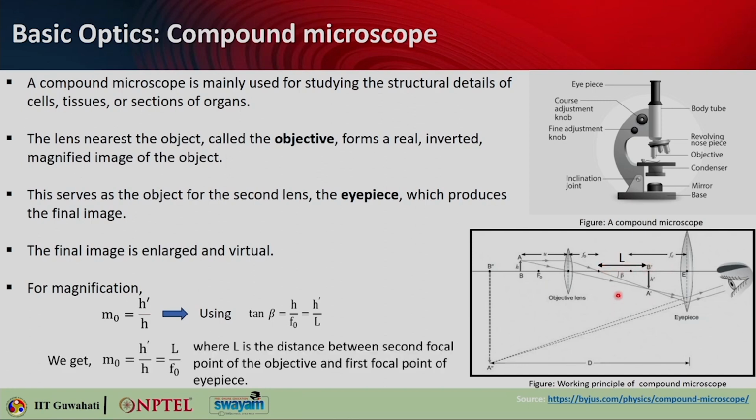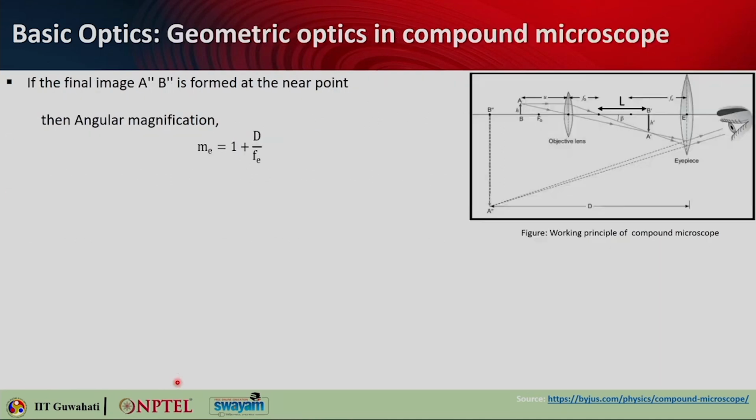It is the distance between the second focal point of the objective and the first focal point of the eyepiece lens. So you can obtain M_O, h prime over h, in terms of L over f naught. That is how you obtain the magnification factor of the objective lens.